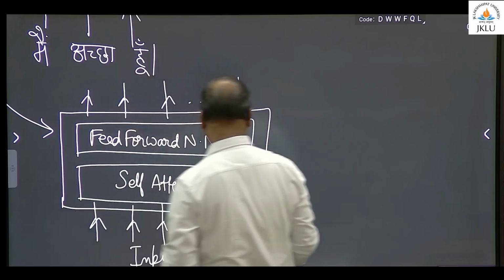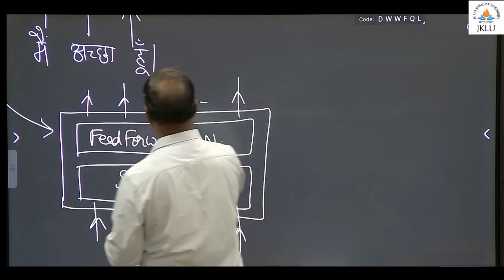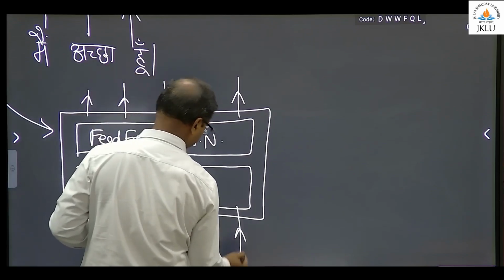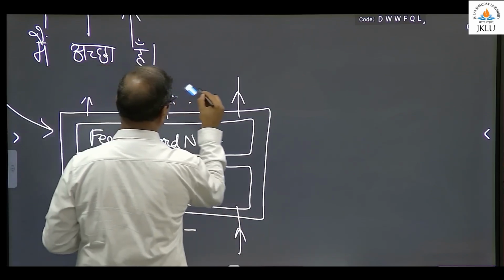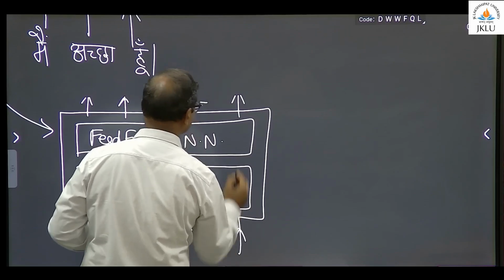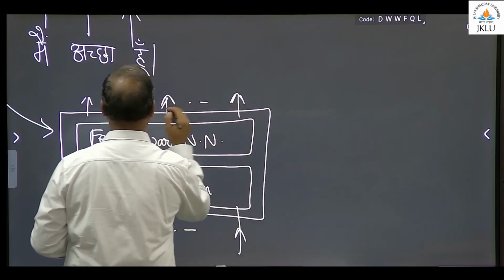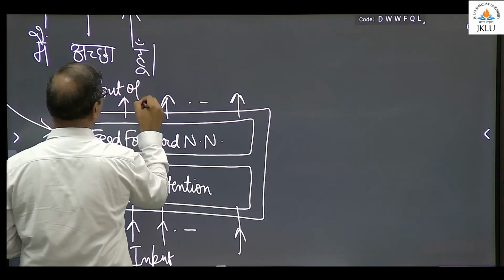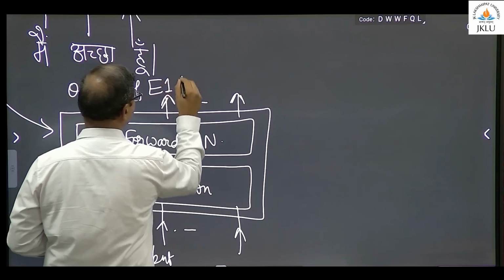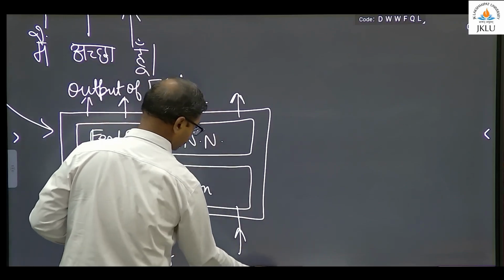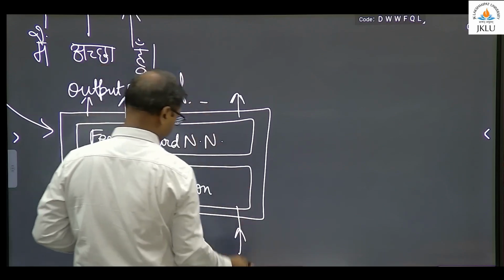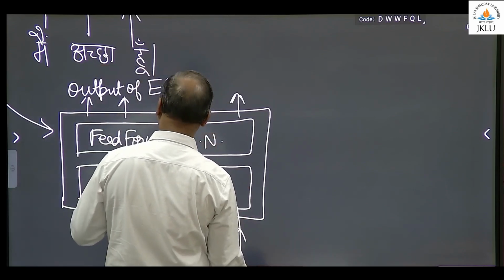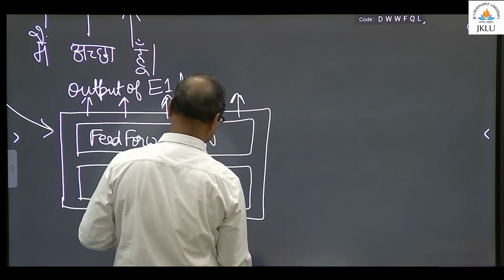And these are the output of encoder 1. What shall I write? Fed to encoder 2 or input to encoder 2?